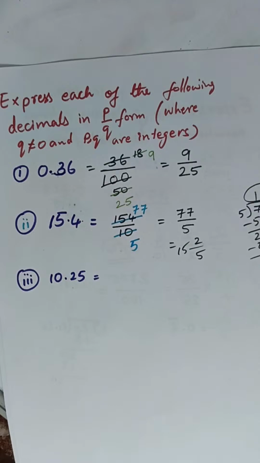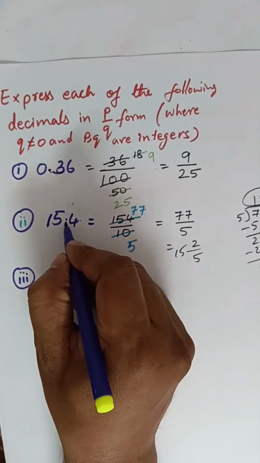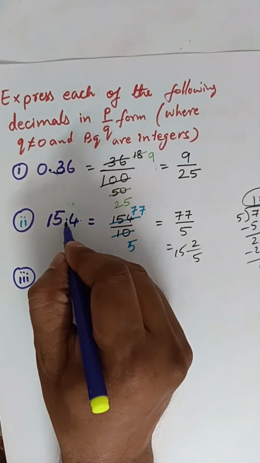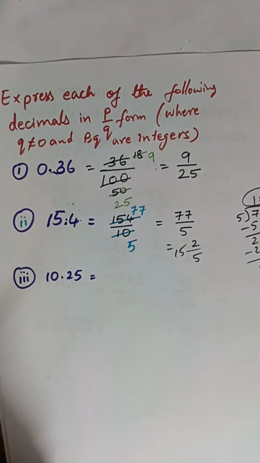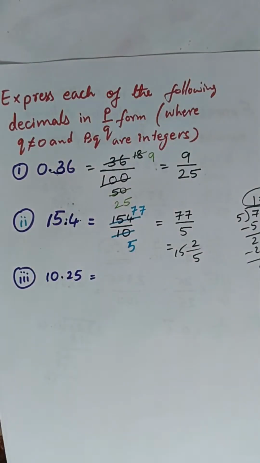Sorry, I made a mistake in writing, it's 15.4, not 15 multiply 4. Next question is also 10.25.